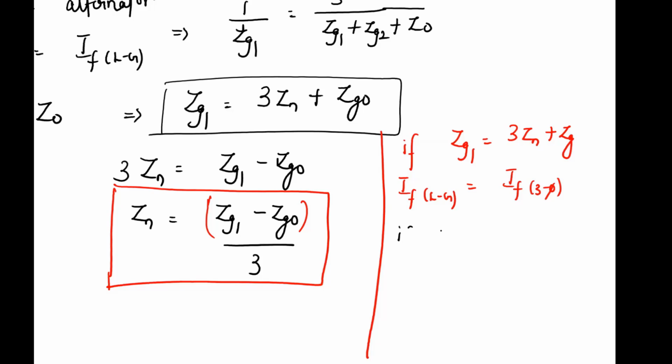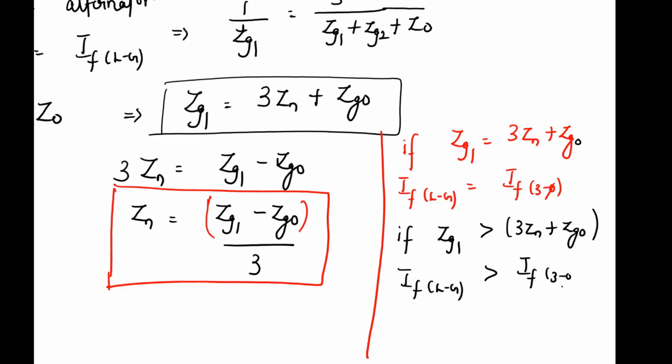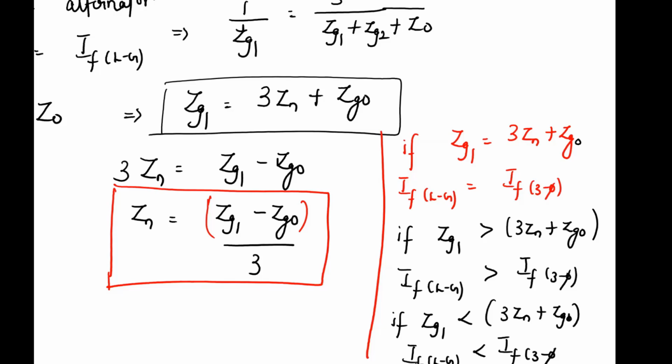If ZG1 is greater than 3Zn plus ZG0, then IF LG is greater than IF 3-phase. If ZG1 is less than 3Zn plus ZG0, then IF LG is less than IF 3-phase.